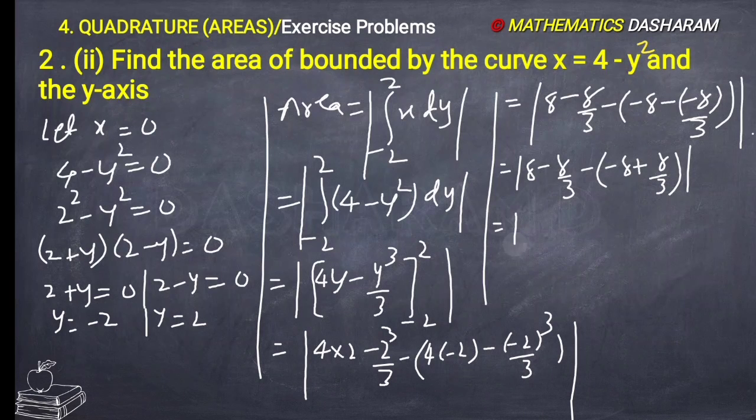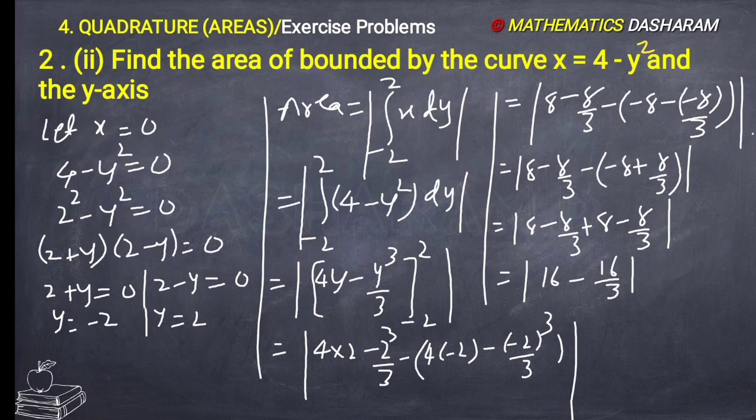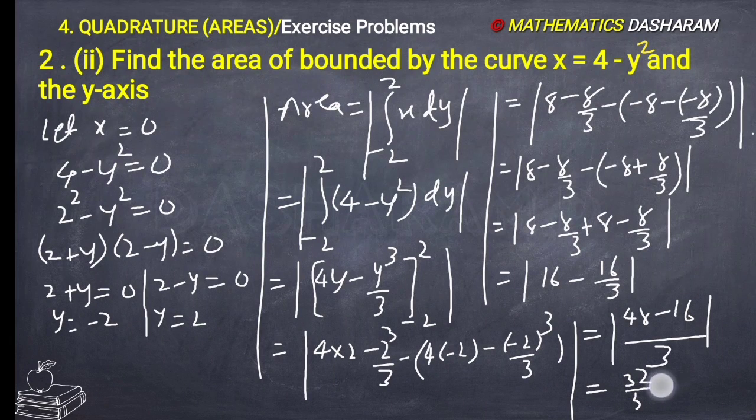Now remove the bracket: minus of minus plus, 8 plus 8 is 16, minus 8 by 3 plus 8 by 3 is 16 by 3. Now 3 is the LCM, 16 threes are 48 minus 16. So 48 minus 16 is 32 by 3 square units.